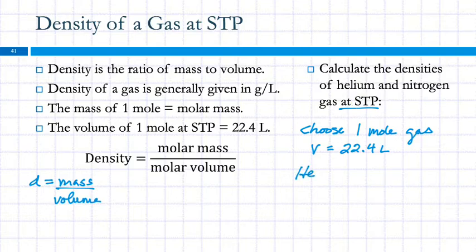What's the mass of 1 mole of helium gas? 4.003 grams. So then the density for helium is the mass of this sample size that I picked, 4.003 grams, divided by the volume, 22.4 liters.